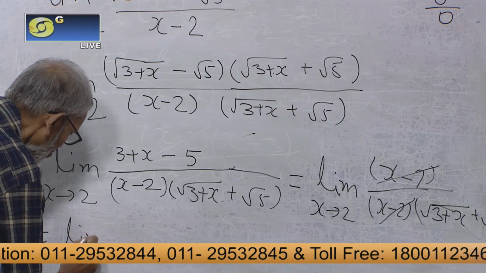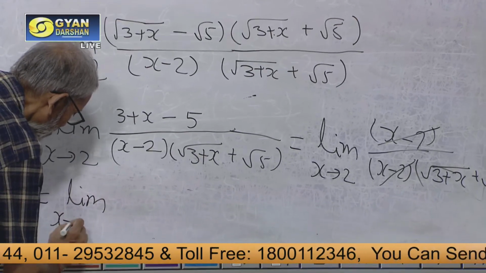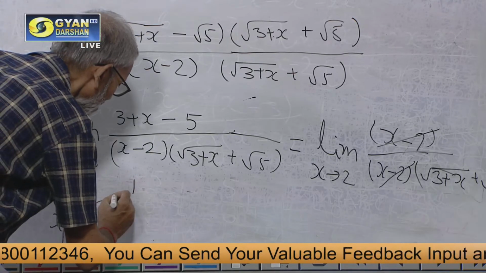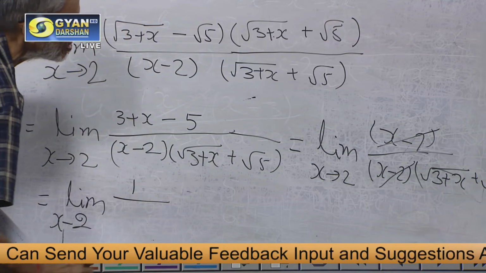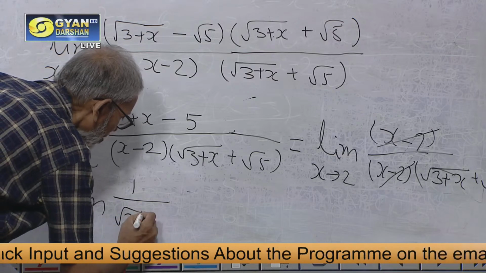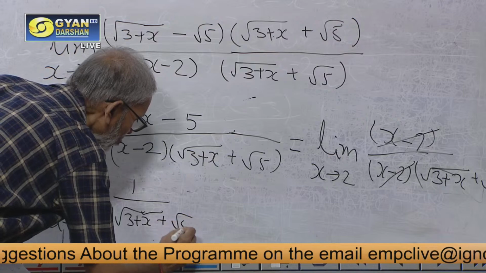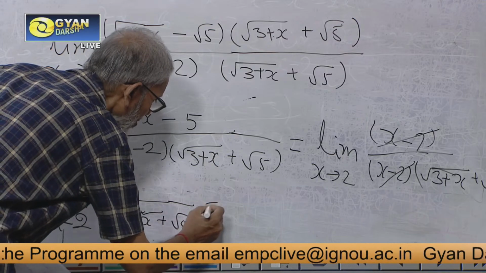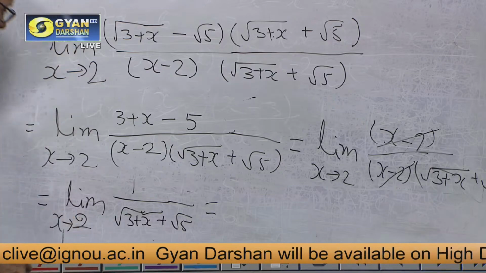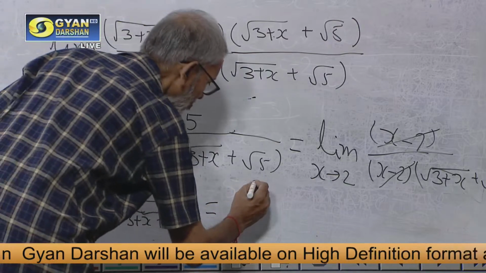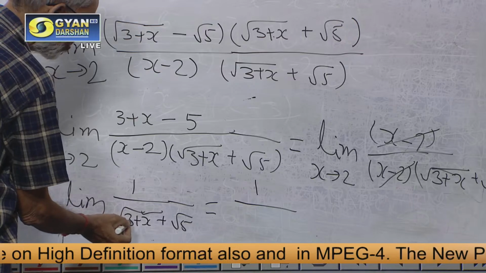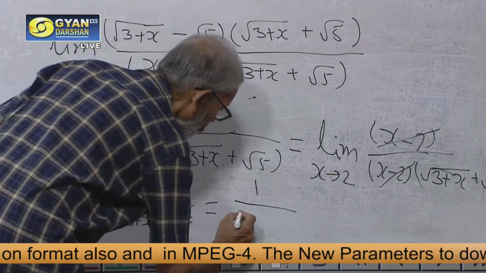So it will be equal to limit x tends to 2, in the numerator only 1 remains, and here root 3 plus x plus root 5. Now we can substitute x is equal to 2. So it will become 1 divided by root 5 plus root 5, so 2 root 5.